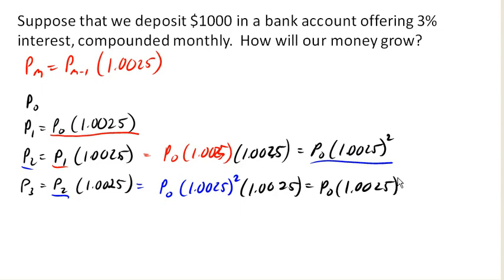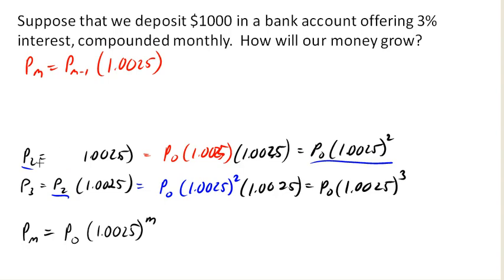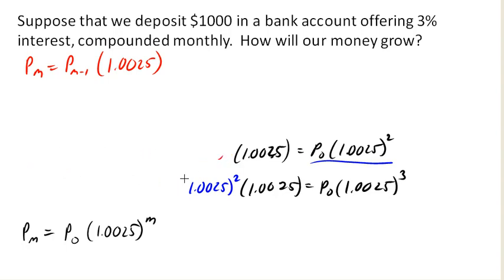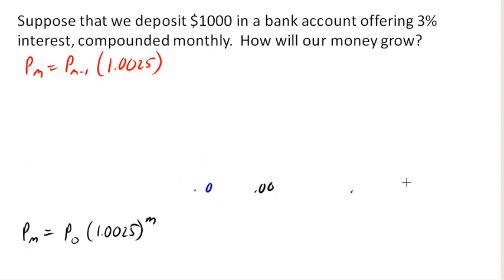And you might be seeing the pattern here, that after any number of months, the amount that I'm going to have will be P0 times 1.0025 to the m power, where m is the number of months that have passed. So let's see if we can generalize that now to a general form equation.